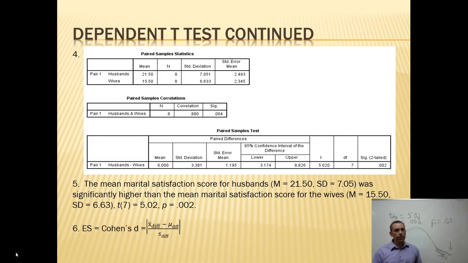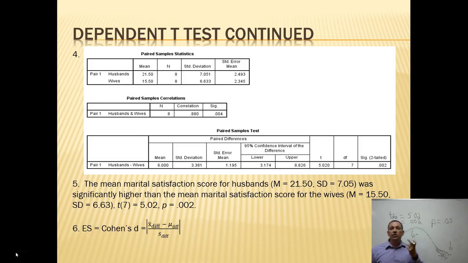The next thing we need to do is calculate effect size. For the dependent t-test, we are back to Cohen's d. So we're going to take our mean difference. If we go to that third box again where we see the mean, I told you that was the mean difference. It's husband scores minus wife scores, which is 6. So it's 6 minus, and then in this case, the mu difference.